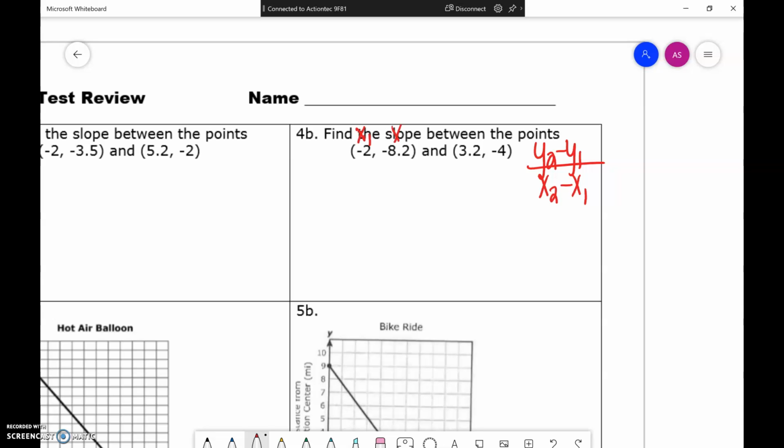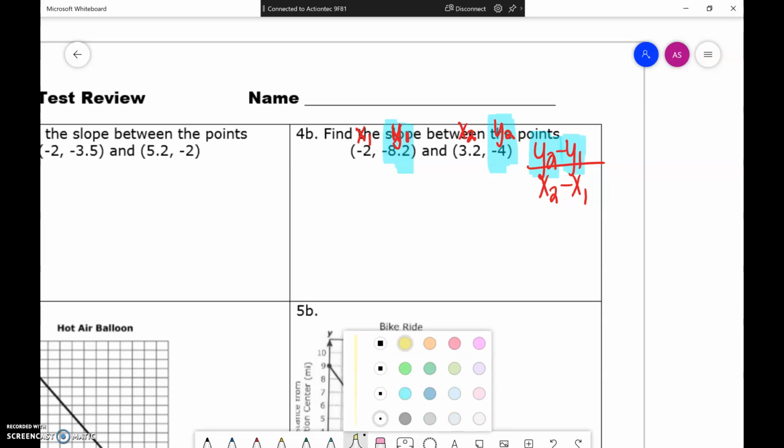let's label our points. This is going to be x1, y1. This is going to be x2, y2. Okay? So when you write this out, you want to keep in mind that your y2 is going to go here. Y1 is going to go here.